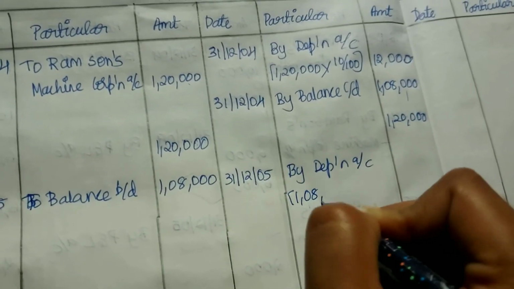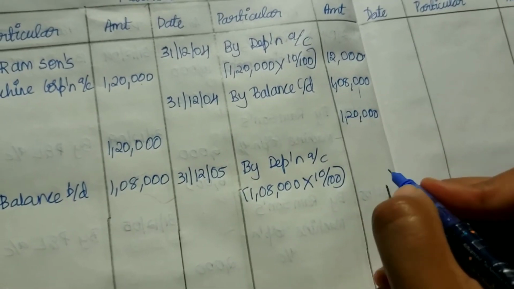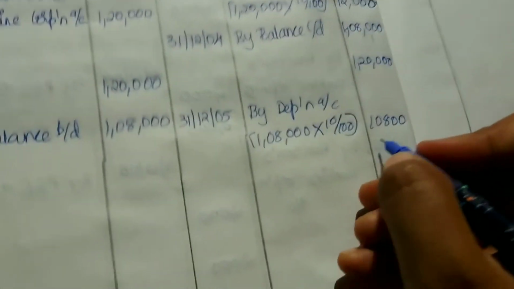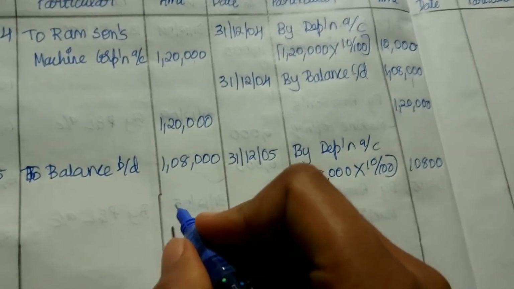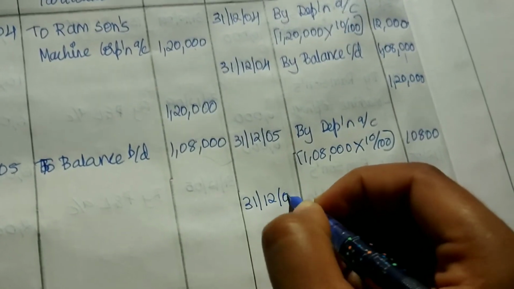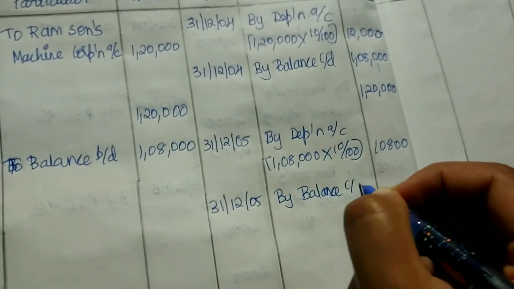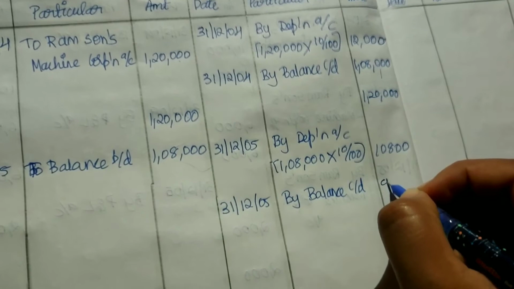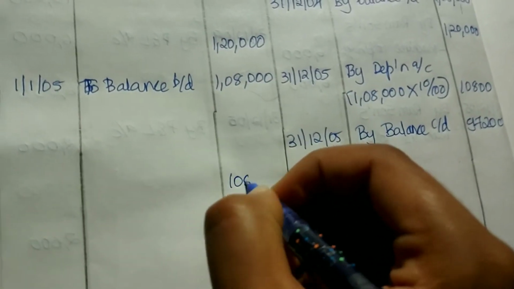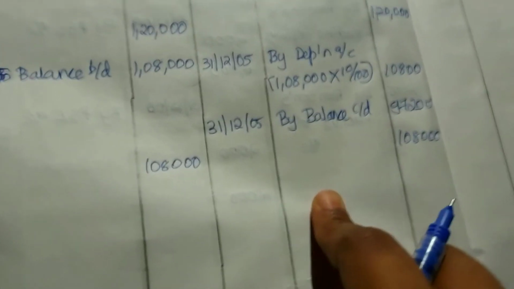For 10% you will get 10,800 depreciation value. Now subtract 10,800 from 1,08,000, you will get 97,200. That is the balance. So you write by balance carried down 97,200. Now tally the account by writing the total 1,08,000, 1,08,000. Now the second year depreciation is done.